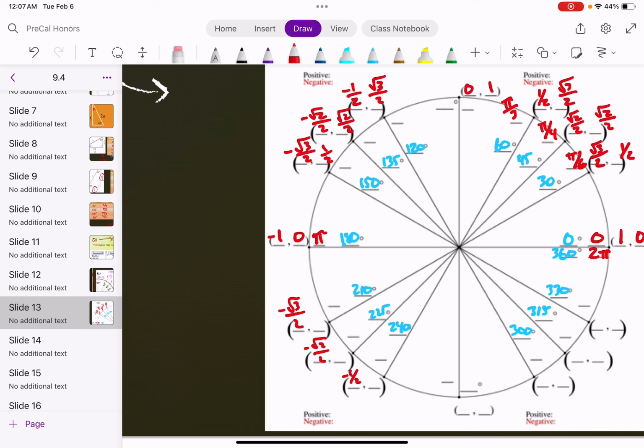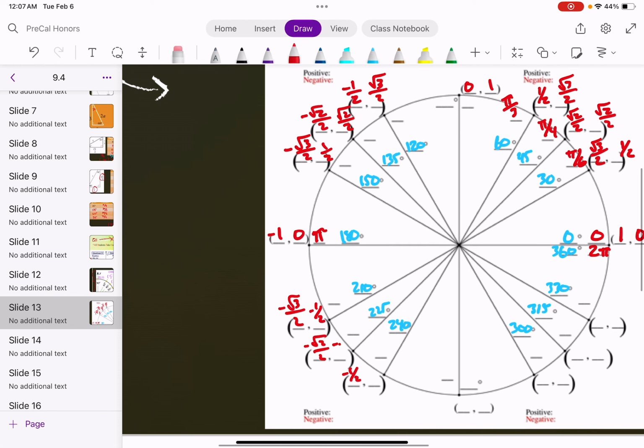Now, instead of having a positive y, we're going to have a negative y to go along with each one of these. This is due to the fact that we are now underneath our x-axis. So this would be negative 1/2, negative square root of 2 over 2, and negative square root of 3 over 2. Keep in mind, this would be at 270 degrees right here.